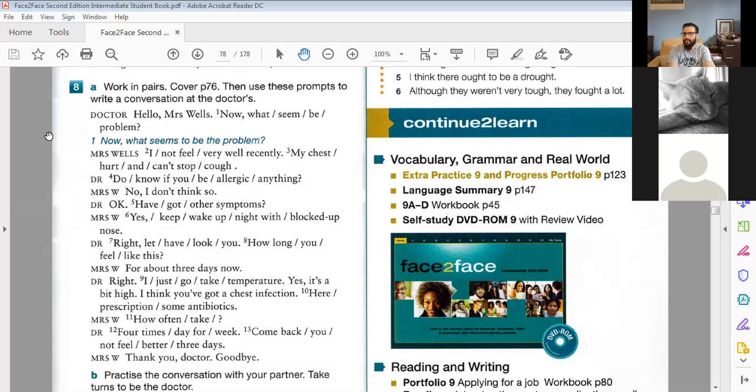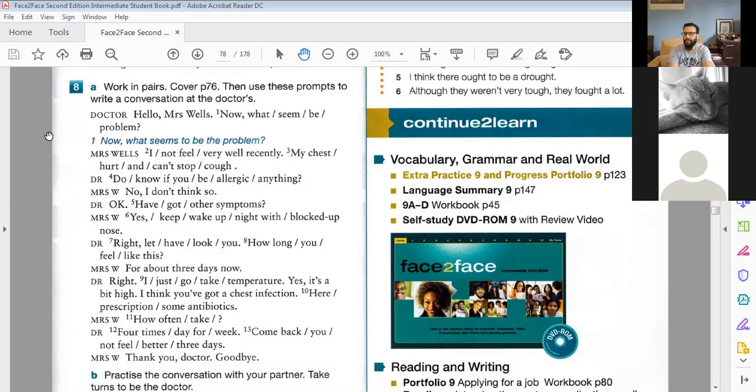My chest hurts and I can't stop coughing. Do you know if you are allergic to anything? No, I don't think so. Okay, have you got any other symptoms?